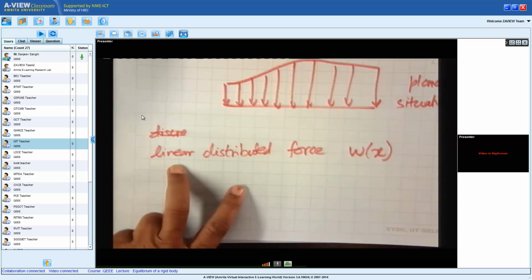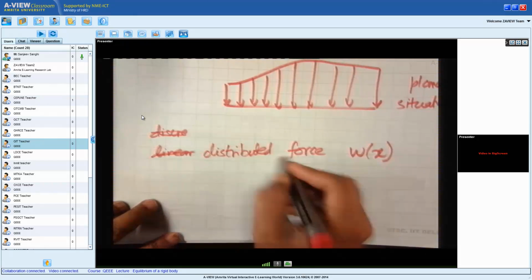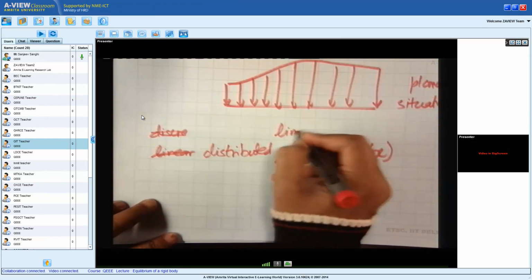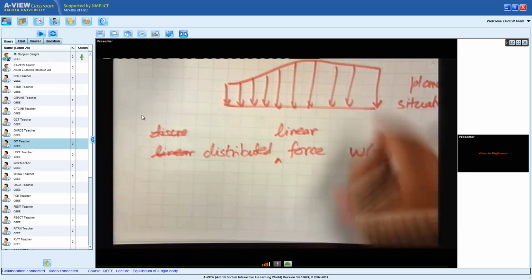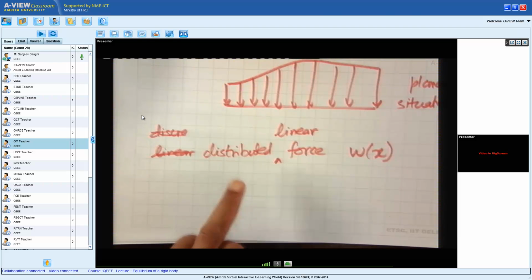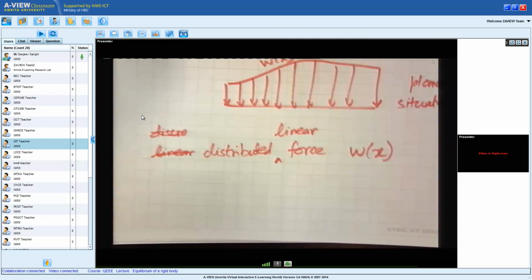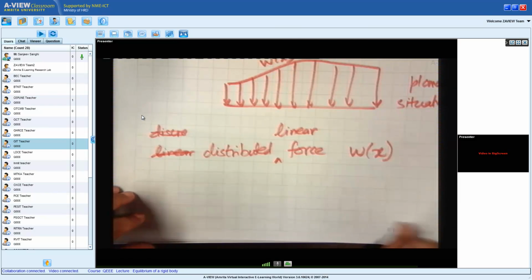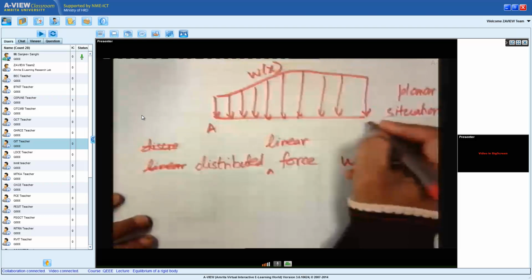Now when I say linear distributed force, or rather, the distributed linear force, what the meaning of linear distributed is will become clear when we take examples. So what I'm talking of is a distributed force which is linear in nature, and this is given by w of x.